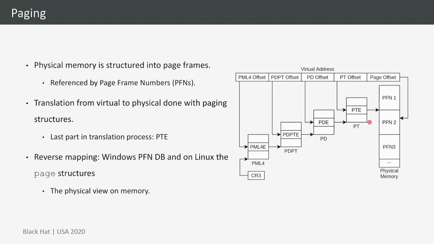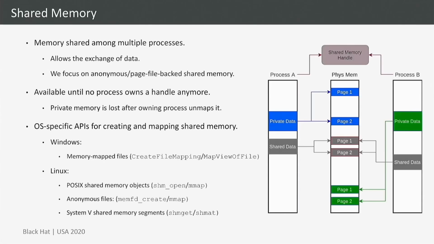And yeah, exactly, this is something that we are going to tamper with. Also to mention right now: on both operating systems, Windows and Linux, there are some reverse mappings. On Windows, there's the page frame number database, and on Linux, the page structures. Those are more or less the physical point of view on the memory, but we will dig a little bit deeper into those 2 types a little bit later.